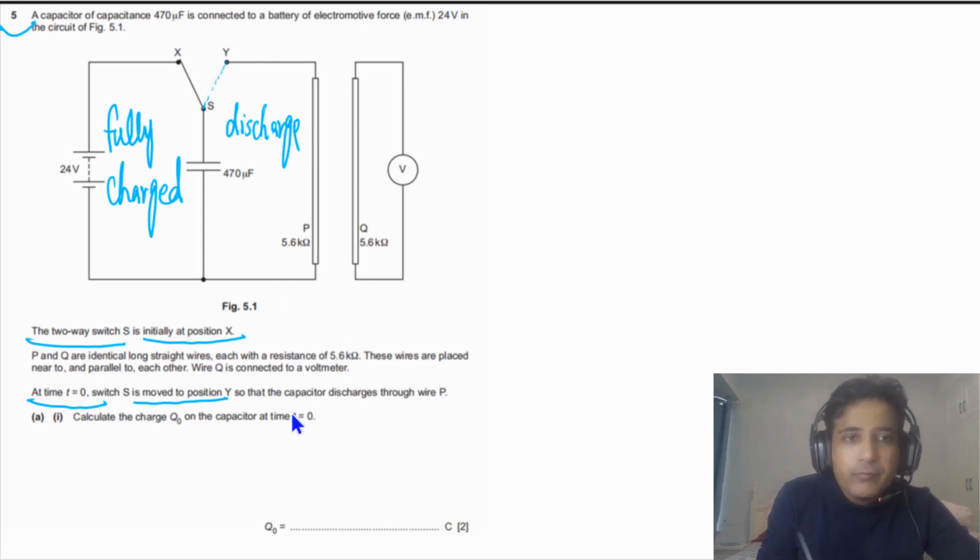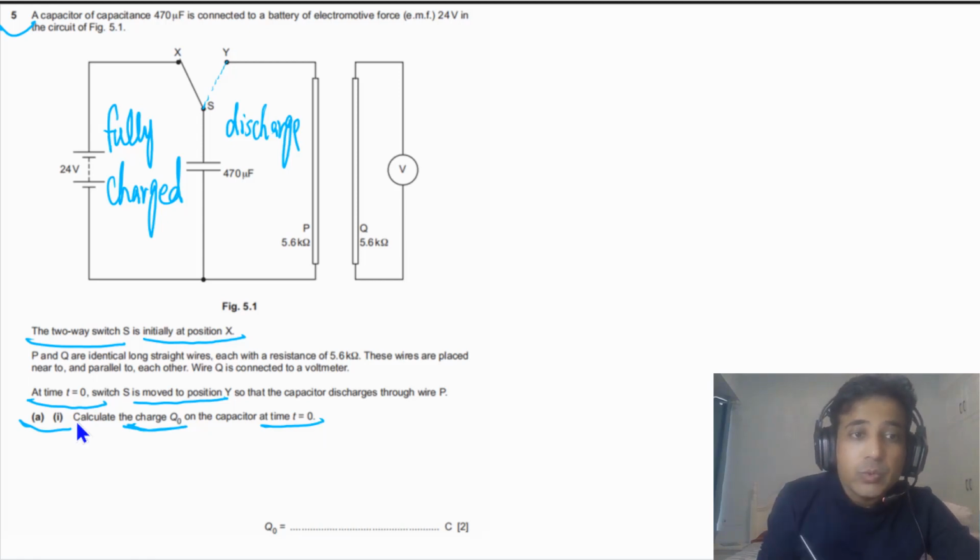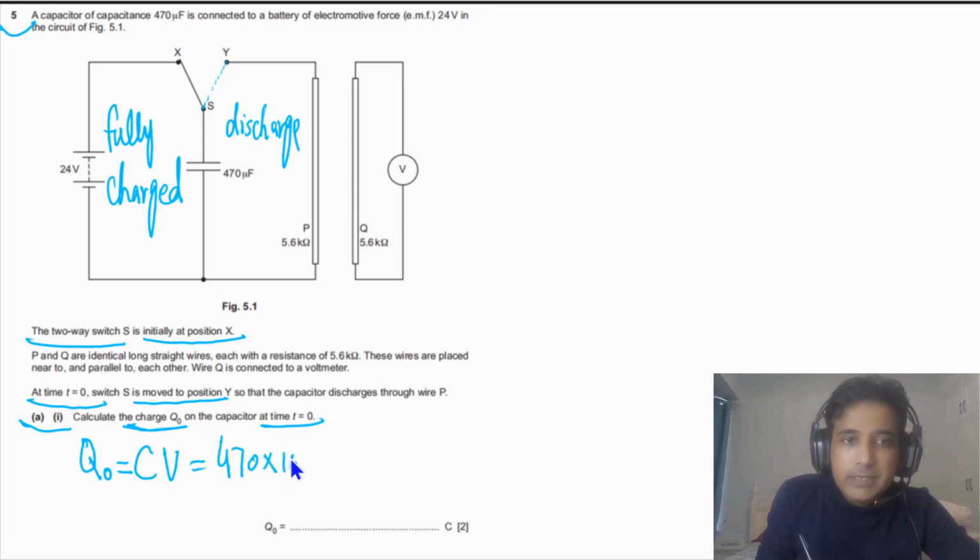For this discharging circuit, for part A1, we need to find the initial value of Q, Q naught, at time t equals 0. Q naught is equal to the total charge stored on the capacitor, which is equal to C times V. We have the value of C: the capacitance of the capacitor is given, 470 microfarad.